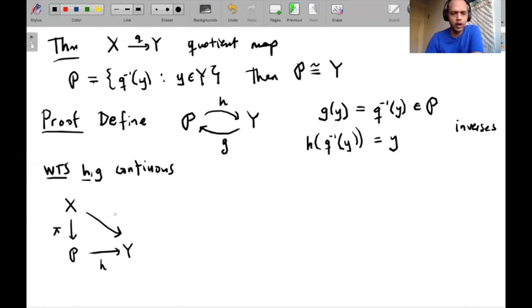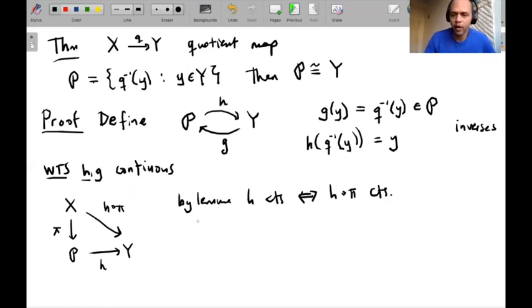And we know that H is continuous if and only if H composed pi is continuous. So by the lemma, H continuous if and only if H composed pi is continuous. So now let's think about what this function H composed pi is. So H composed pi of x.